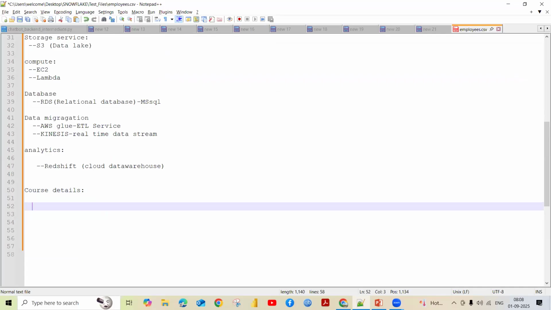This course is about 2 months, and it will cover Snowflake majorly, SQL basic to advanced, plus AWS services for cloud data engineering.